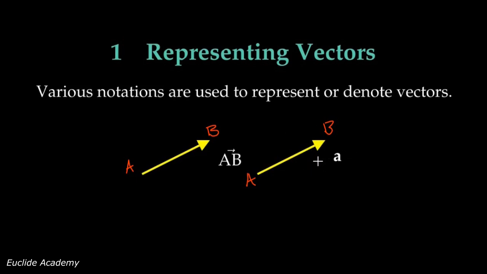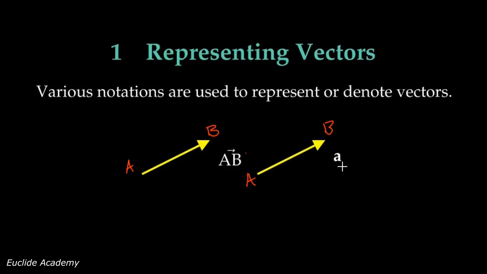Most of the times that you're going to see these notations is in textbooks, because normally when you're just writing freehand, it's very difficult to show a bold letter. So it can be bold A, bold B, any bold letter can be used to represent a vector. So this same vector, which we have represented as AB, could be represented as A or B or C or whatever letter we want, as long as this is bold.